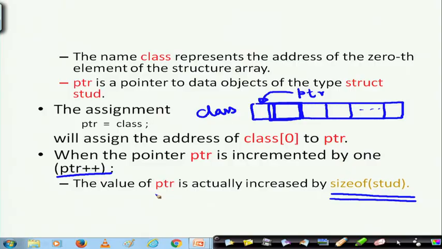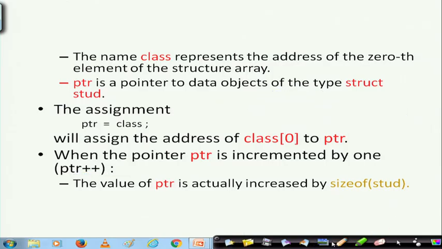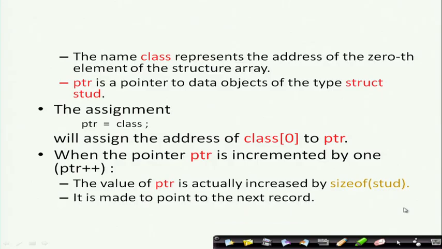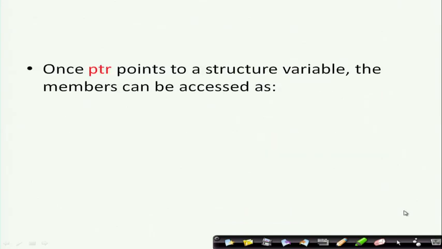And you know that it has got a roll number, it has got CGPA. So, depending on the different data types that are housed inside that structure, it will vary. So, the value of PTR that will point to the next element will be incremented by size of stud. Fine, this much is clear. So, it is made to point to the next record.